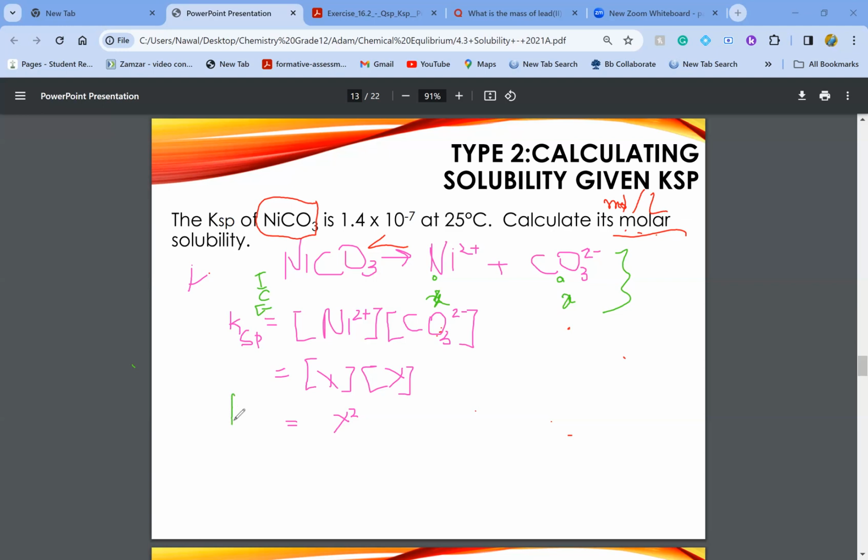Okay, good. So Ksp equals x squared. She reached to here. This is very good. Which one is the given? Which one do you need to find? The given is the Ksp, so substitute under it.